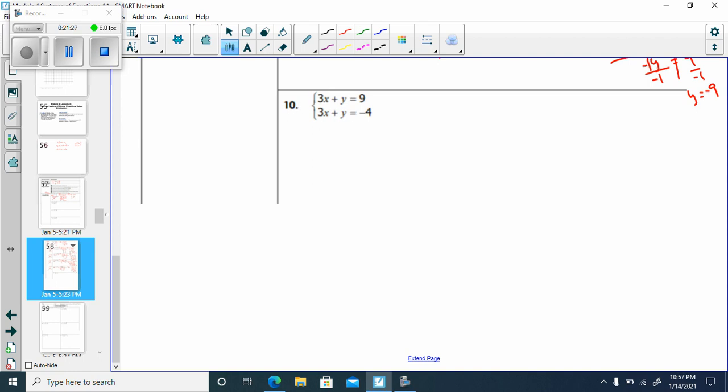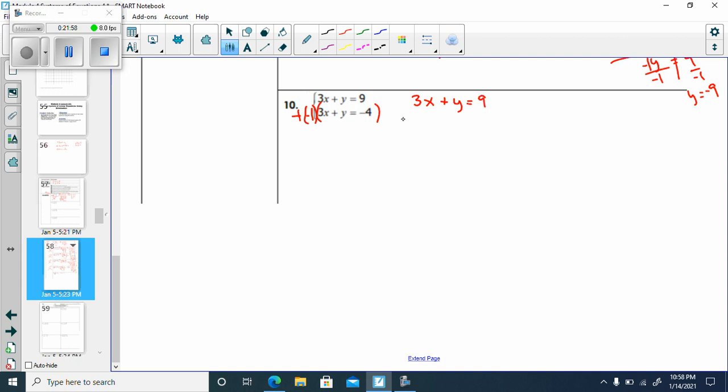Problem is, since you're adding them, this is a positive 3 plus a positive 3, that'd be positive 6x. That'd be positive 1y plus positive 1y is positive 2y. So I need to multiply this one here by negative 1 to change all the signs, don't I? 3x plus y equals 9.